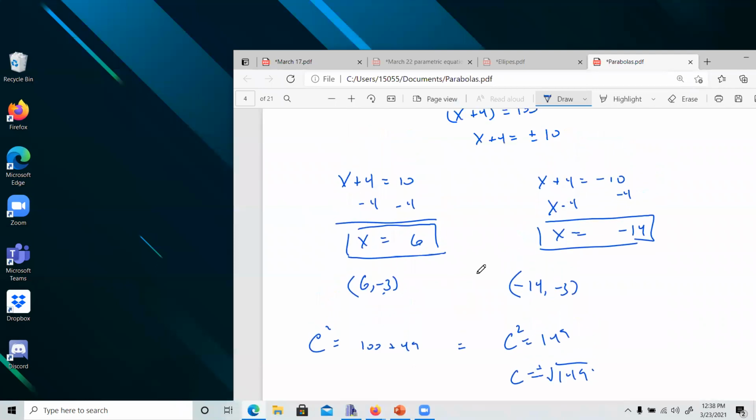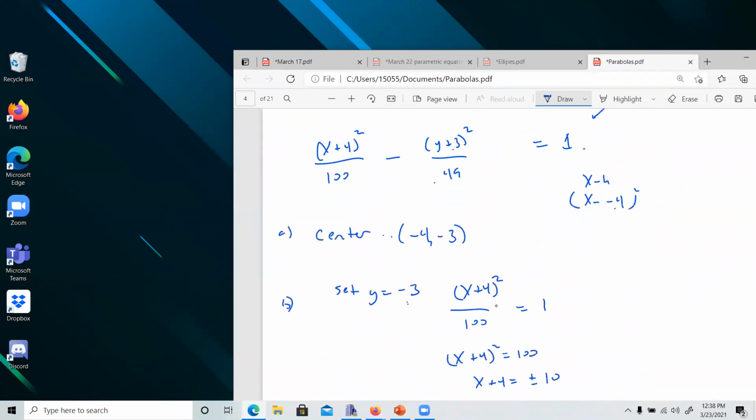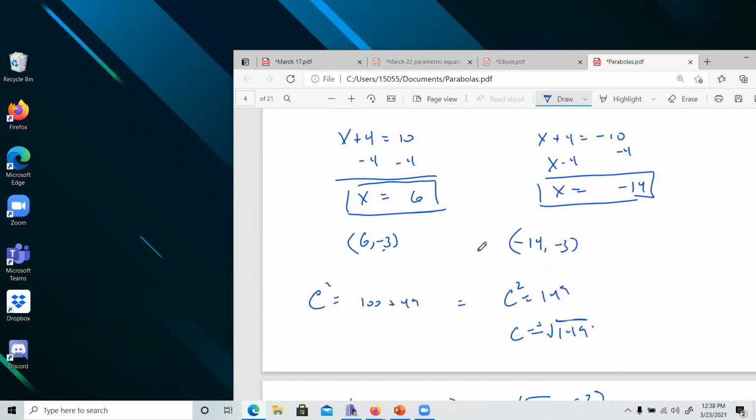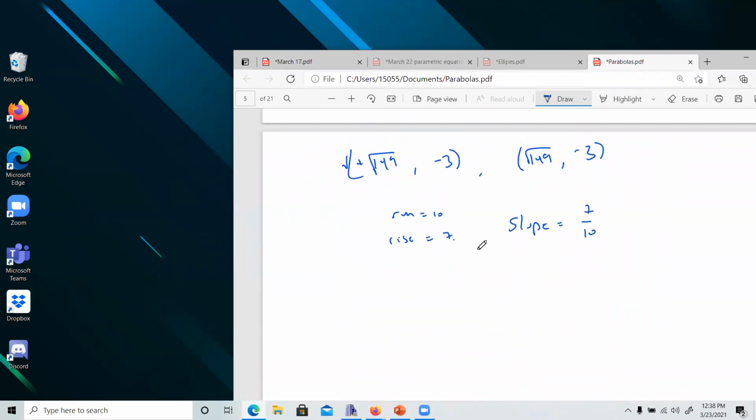Now, is there some point that we know the asymptotes go through? It always goes through the center. So I know my point is -4, -3. So we could do y minus y0 equals m times x minus x0, and plug in a point that they go through.